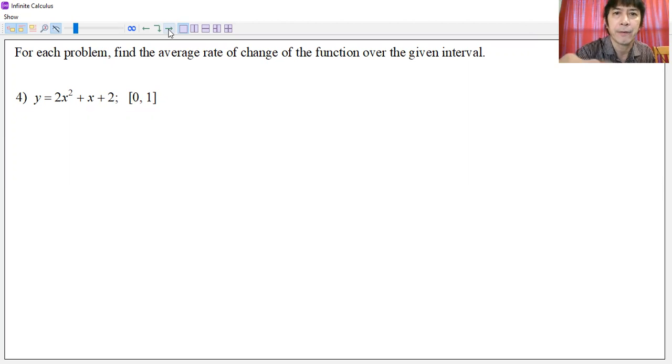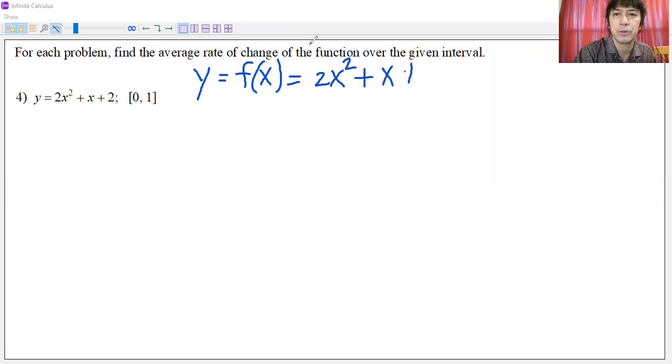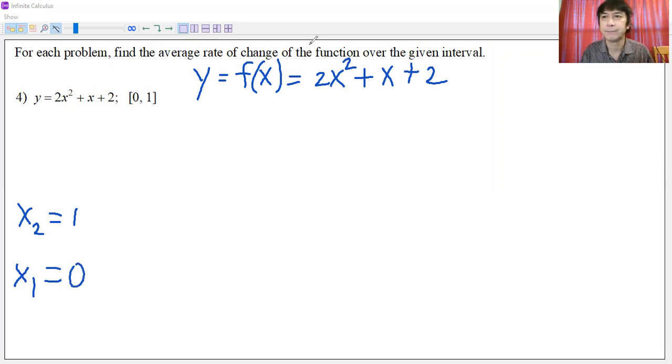This is now y equal to f of x, which is equal to 2x squared plus x plus 2. This is the given function. Our x2 is the higher, that's the 1, and our x1 is the 0.